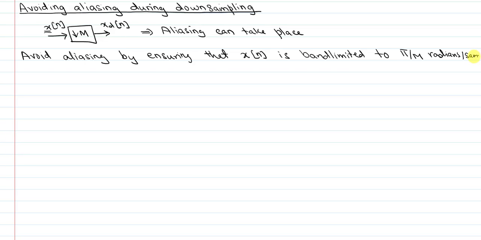That's what we do in continuous time. So in continuous time, aliasing is prevented by using a low pass filter.